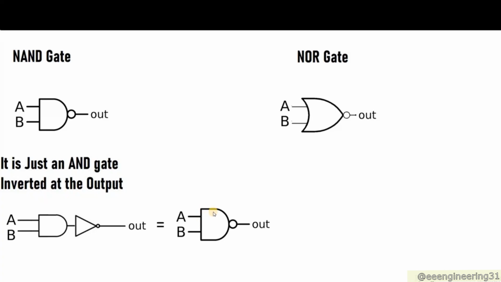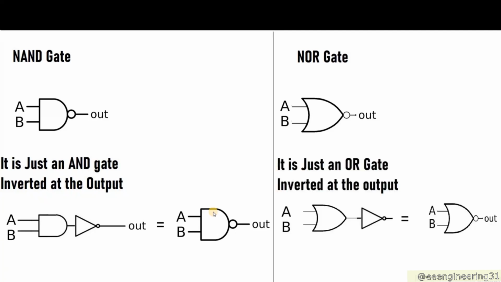What's the use? Well, it turns out that it is easier to design gates using transistors when you have NAND gates and NOR gates. Usually the transistor logic is inverted. When you excite the input with a 1, usually you get a 0 at the output and vice versa. So it's easier to work with NANDs and NORs when trying to design real electronic circuits.